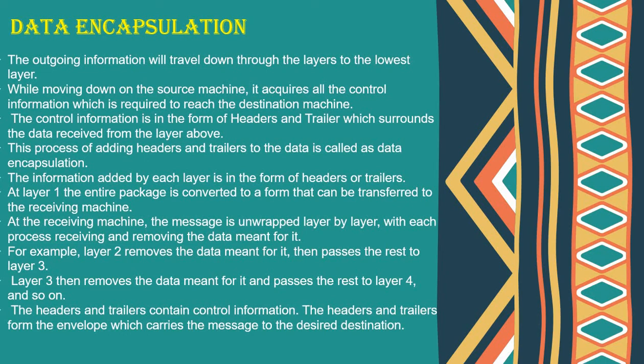All the layers are just removing their data and passing the rest on. Each header as well as trailer contains control information, which is basically used to carry the message to the desired destination. That is called data encapsulation.